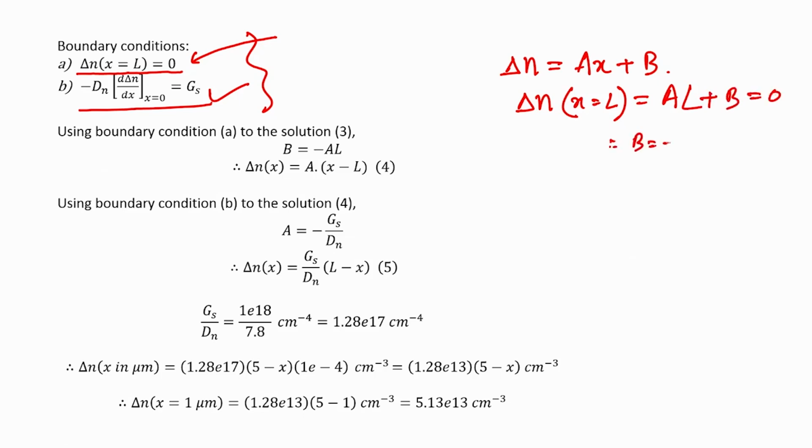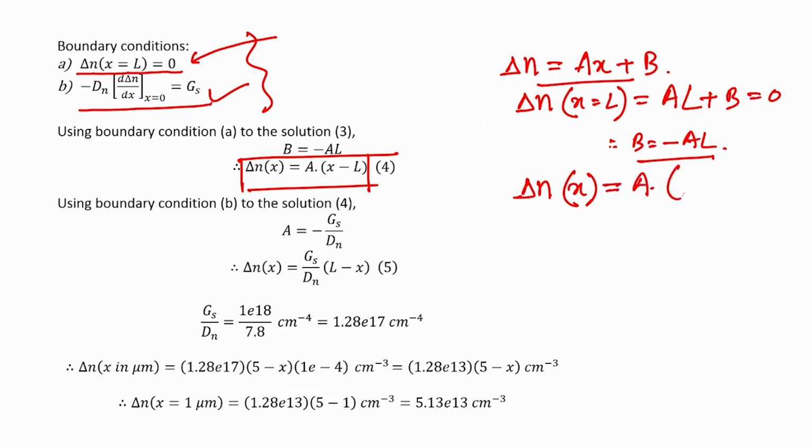Therefore, B is equal to minus AL, and if you plug this into the expression, you can reduce the general solution further as del n equal to A into (x minus L). Now, you plug in the second boundary condition. We basically have to differentiate this expression first, A into (x minus L), which gives A.